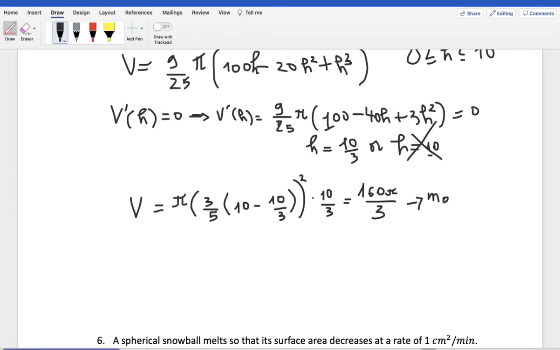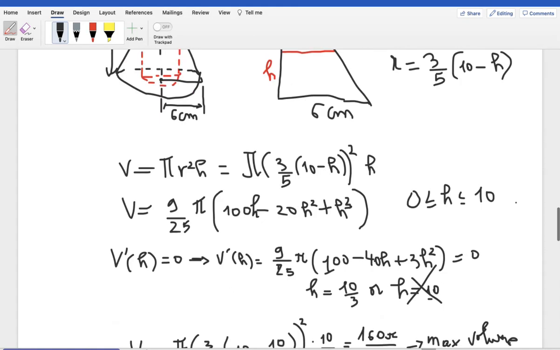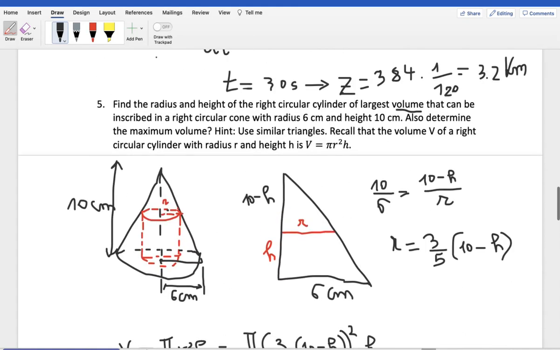Now, why is it your maximum volume? Let's explain that. The maximum volume of the cylinder inside the cone. If you go back to the question, the question is asking us what are the values of the radius and the height of a cylinder, the maximum values of a cylinder that can fit inside this cone here.